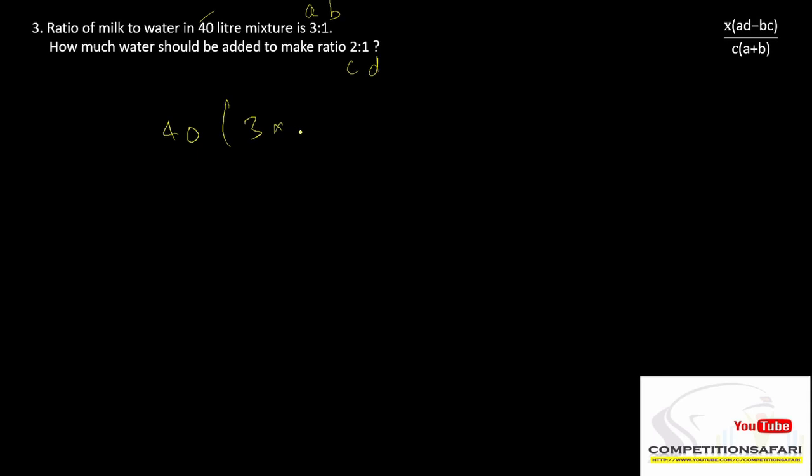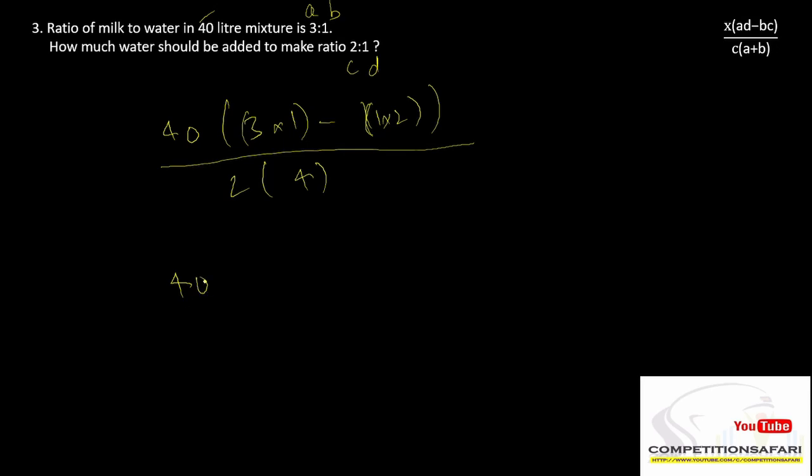AD minus BC upon C into (A plus B). C is 2, A plus B is 4, which becomes 40 into (3 minus 2) upon 8, which will be 5 liters.